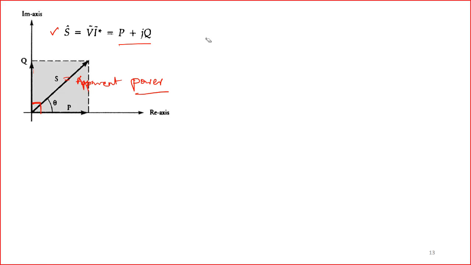So suppose V is the RMS phasor, V RMS with an angle of, let us say, 0 degrees, and I is I RMS with an angle of minus theta. Let us say this is an inductive circuit, so theta is the lagging angle of the current behind the voltage.